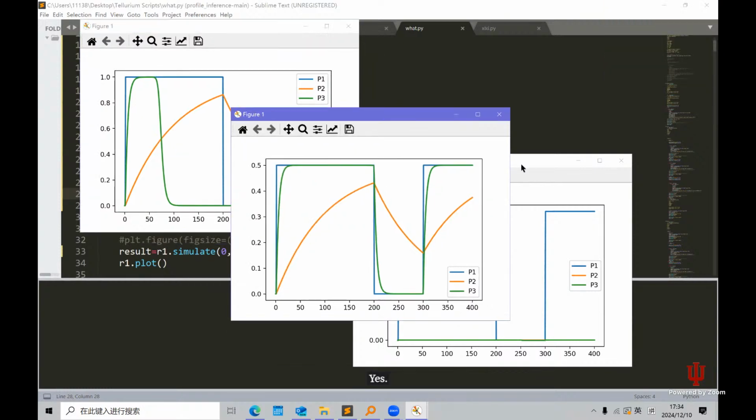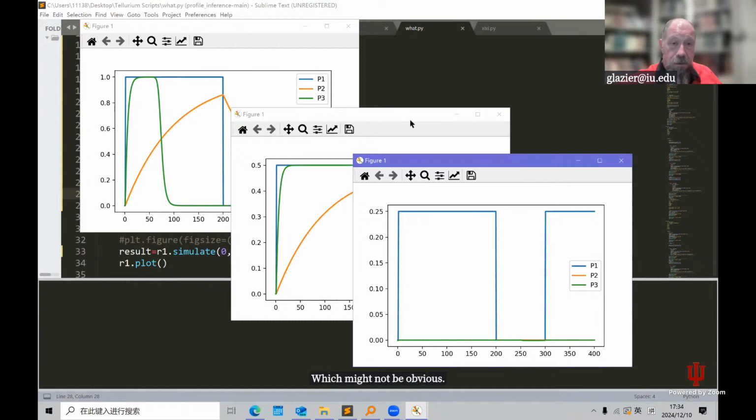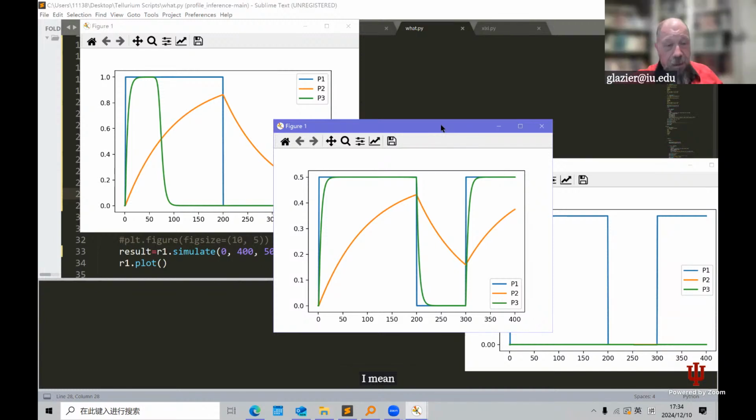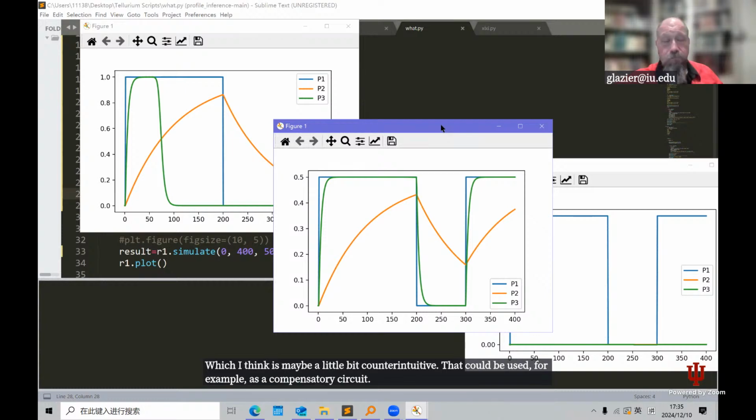Which might not be obvious. Indeed, if you think about it, I guess it is obvious, but actually having a smaller signal means that P3 stays on longer than you would expect, which I think is a little bit counterintuitive. That could be used, for example, as a compensatory circuit, right?